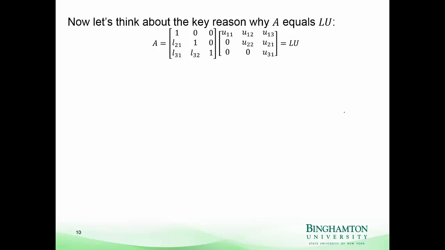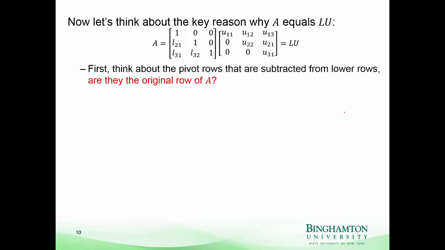So let's look at this and see if we can figure out the key reason of why A equals L times U. Well, we did kind of already explain that, but this is just another way to look at it. If we think about the pivot rows that we subtract from the lower rows, except in the first case, they're not the original row of A, because the action of previous eliminations have changed them.